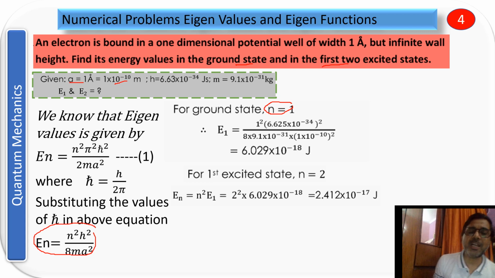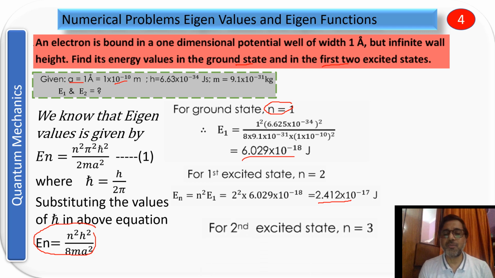So it is directly proportional to the square of the quantum number. En is equal to n square into E1, so 2 square is equal to 4. Whatever value you have got in the ground energy state, you just multiply it by 4, and this is the value that you are getting.